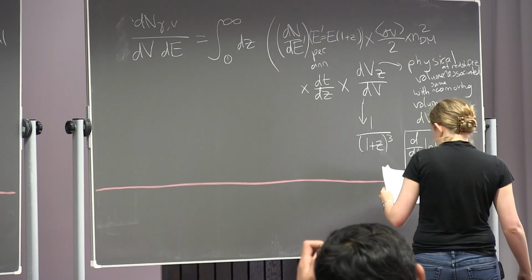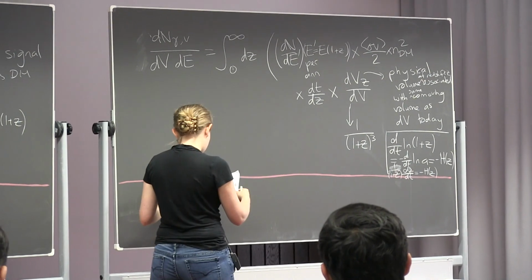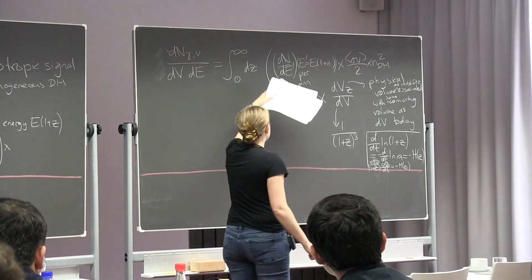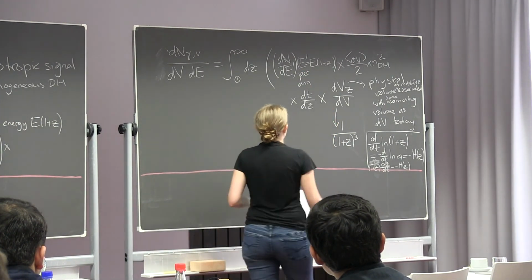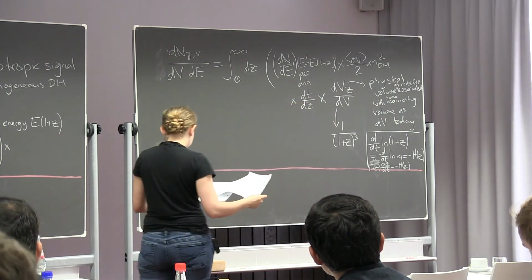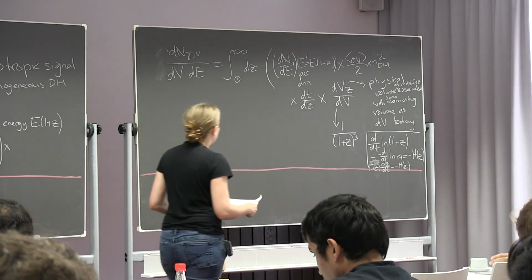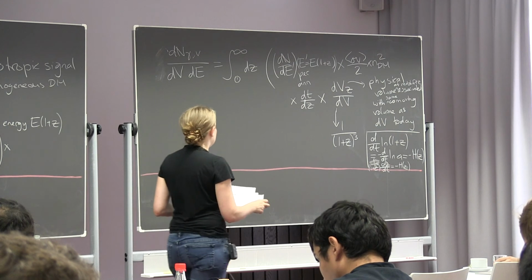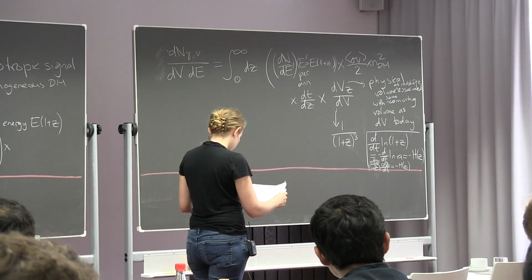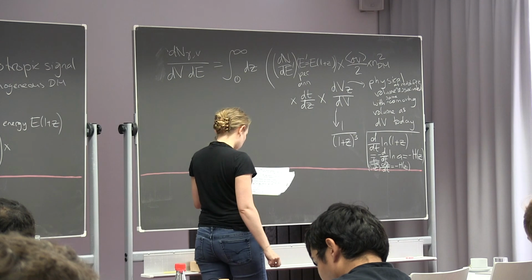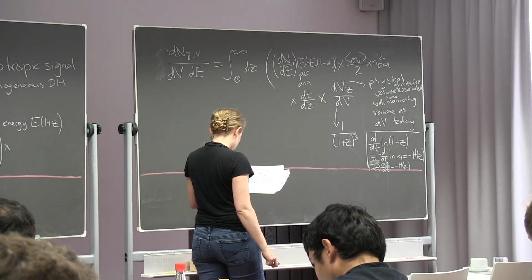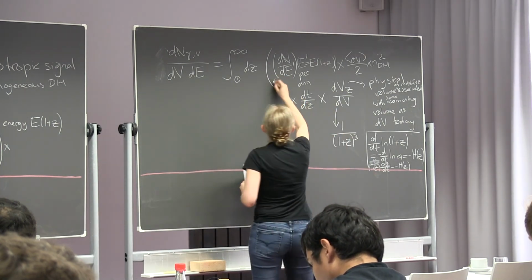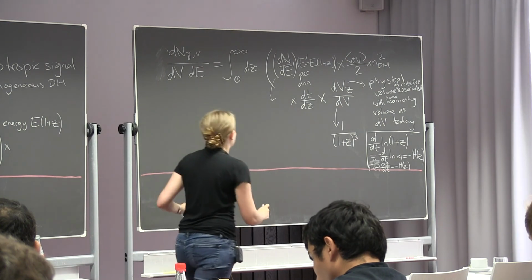Now, furthermore, this dN by dE prime, with E prime evaluated at E times (1 plus z), we want to take into account all the... Okay, sorry.